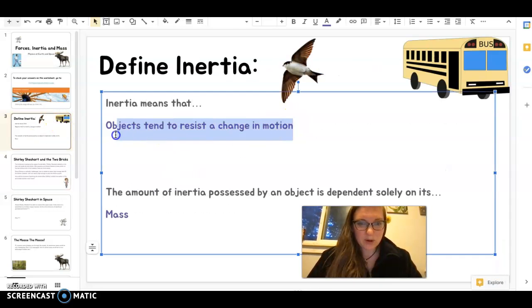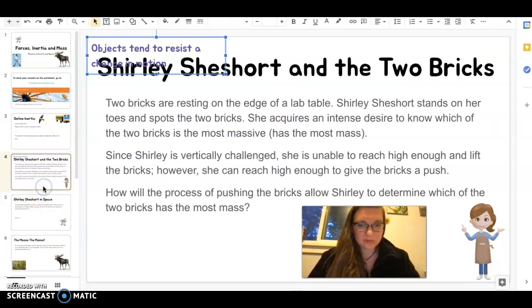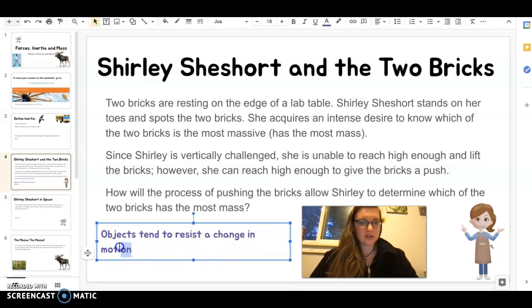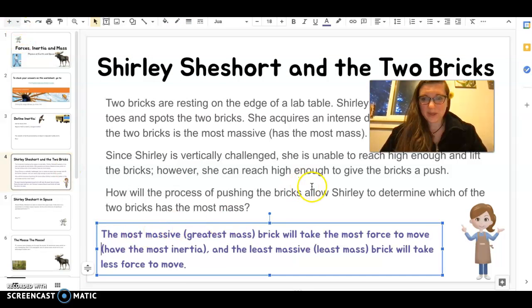So when Shirley Sheshort pushes the two bricks, the greatest mass brick will take the most force to move. Of course, the bigger brick is going to take more force to move because it's got more inertia. And the brick that has less mass is going to take less force to move because it's got less inertia to overcome.